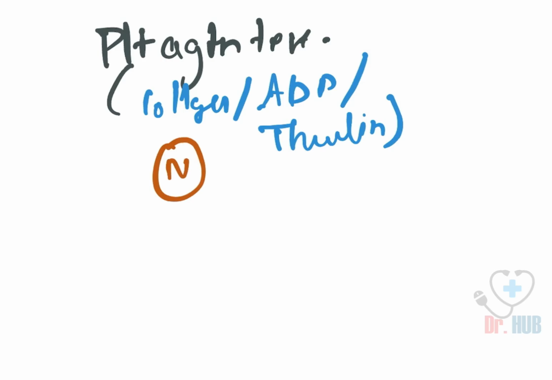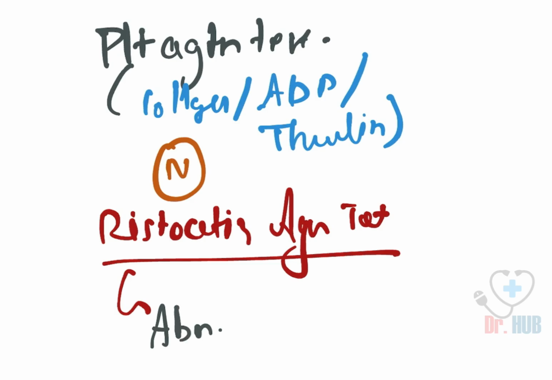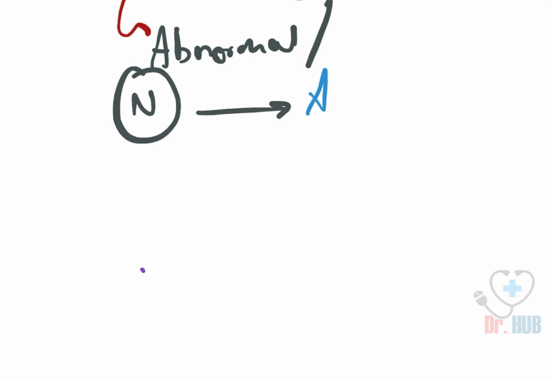And next, moving on to the ristocetin aggregation test, here what we see is it is abnormal, and it normalizes after you add the normal serum.